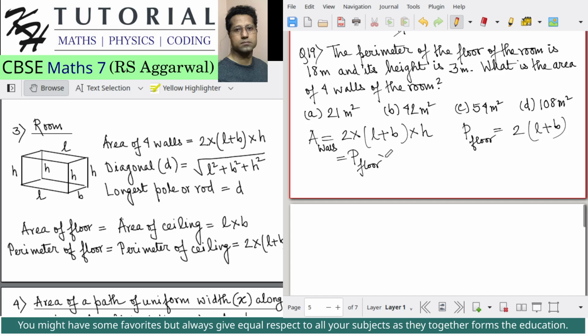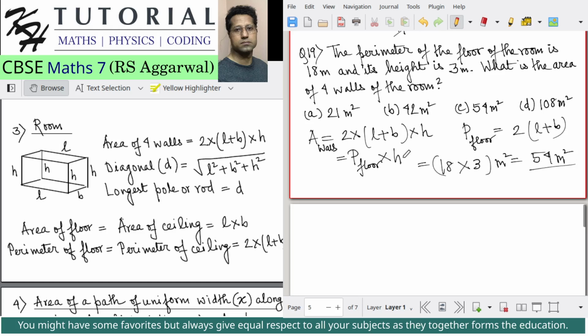So perimeter of the floor multiplied by h is the area of the four walls of the room. So in this problem, the perimeter of the floor of the room is given to be 18 and the height is given to be 3. So the area of the four walls of the room becomes 18 multiplied by 3 meters square, which is 54 meters square.